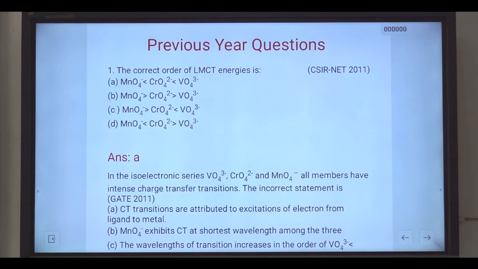So those ions which have the higher LMCT energy will exhibit the shorter wavelength. So among these, MnO4 negative is the wrong option. It exhibits the lower LMCT, so it should exhibit the highest wavelength among the three. So this is our answer for the incorrect statement among these isoelectronic series.